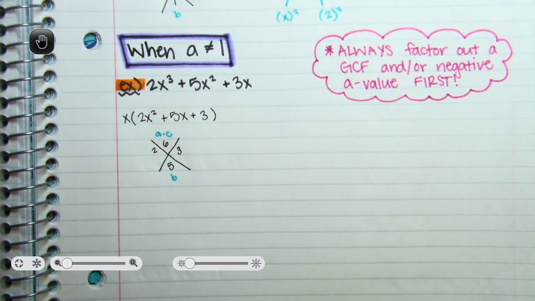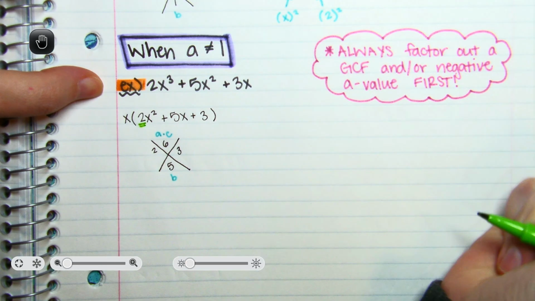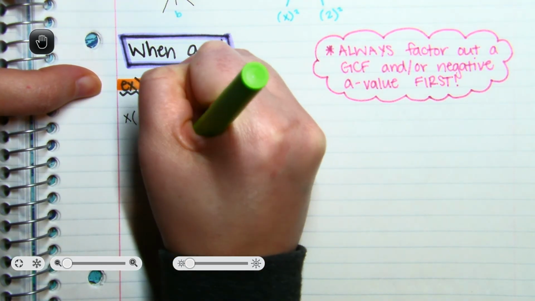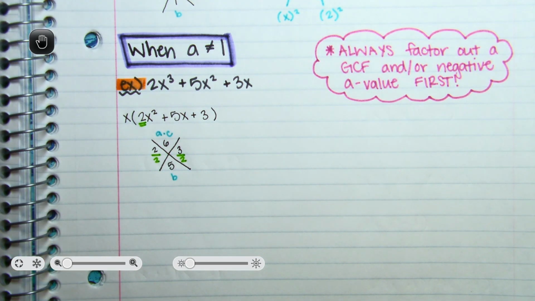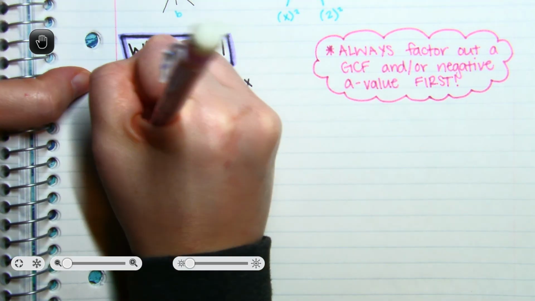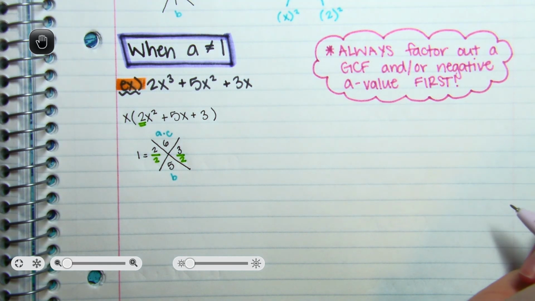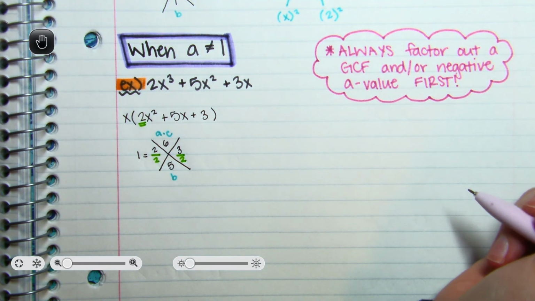Now, because our a value is not equal to 1, remember we have to divide these by that a value. So the 2 over 2 simplifies to 1, and then the 3 over 2 does not simplify, so we leave that alone.